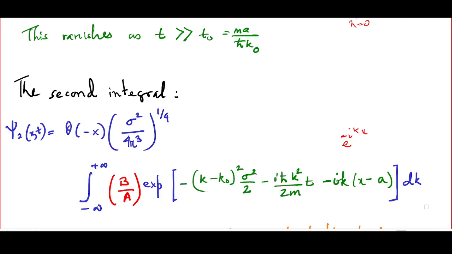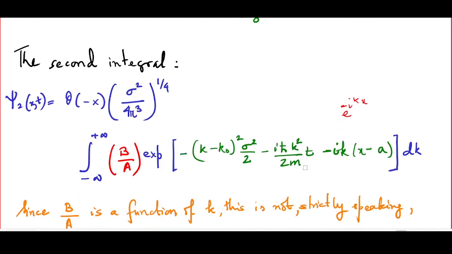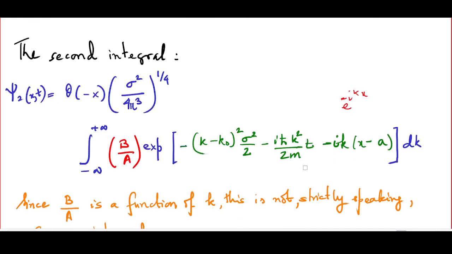Now, once again, this looks like a Gaussian integral. After all, you have k quadratic up here in the exponent. But what complicates matters somewhat is that b by a itself is also a function of k. Since b by a is a function of k, strictly speaking, this is not a Gaussian integral.